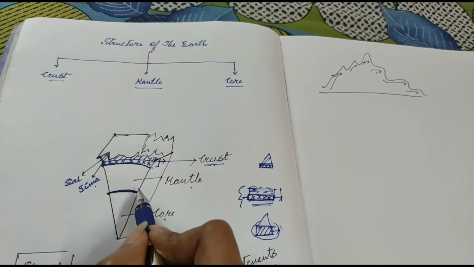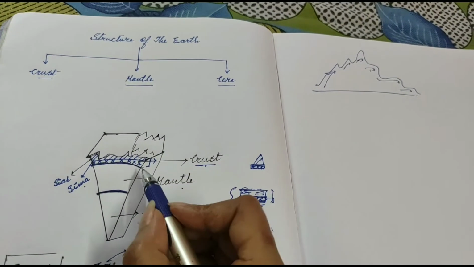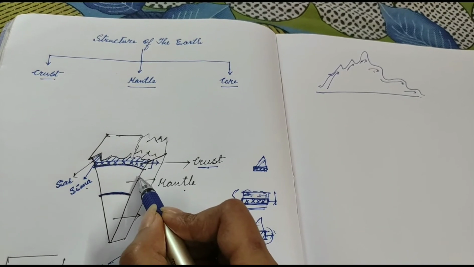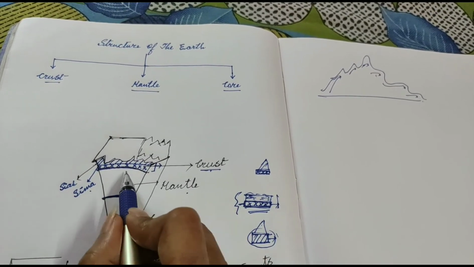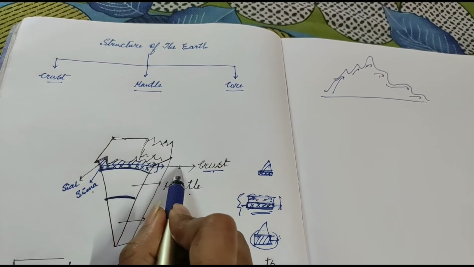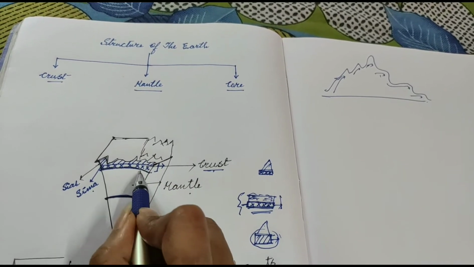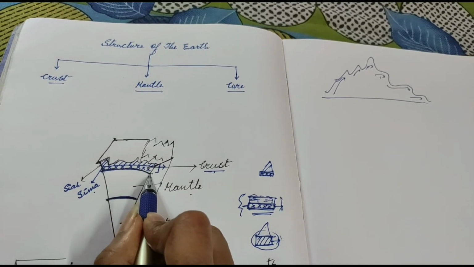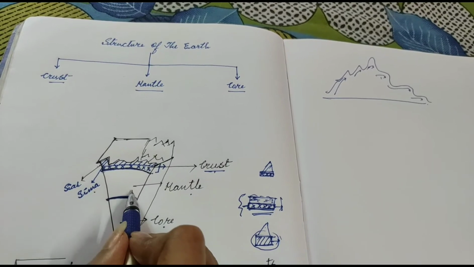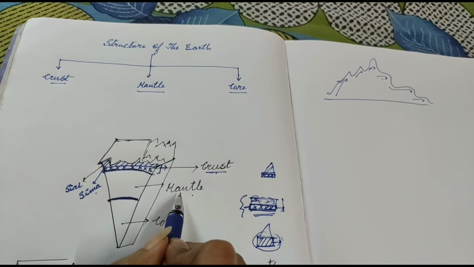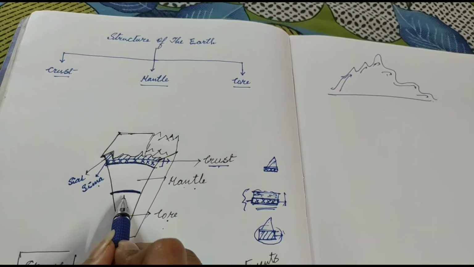By this line we can understand that between these two layers, crust and mantle, there is one line, that is the crust part, and that is the mantle part. There is one line between these two layers, and between mantle and core, there is one line.